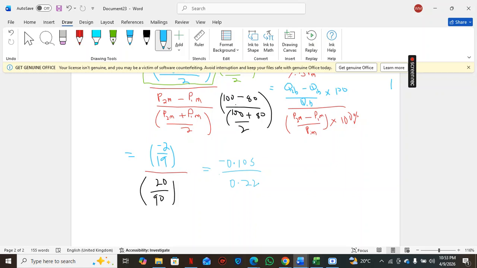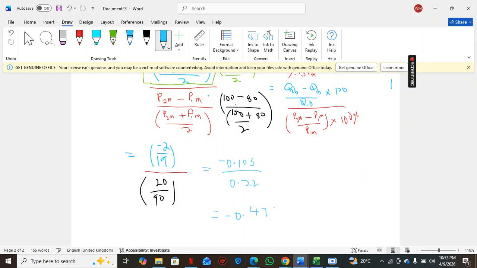So negative 0.105 divided by 0.22, you get negative 0.47.